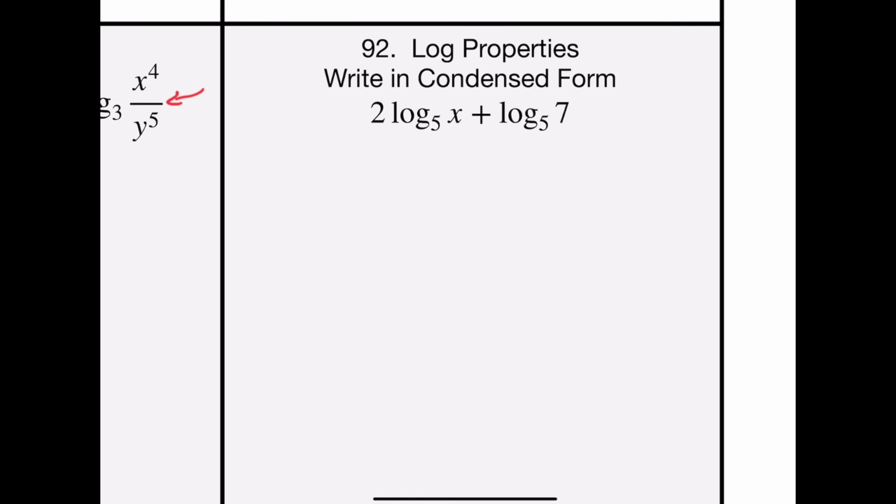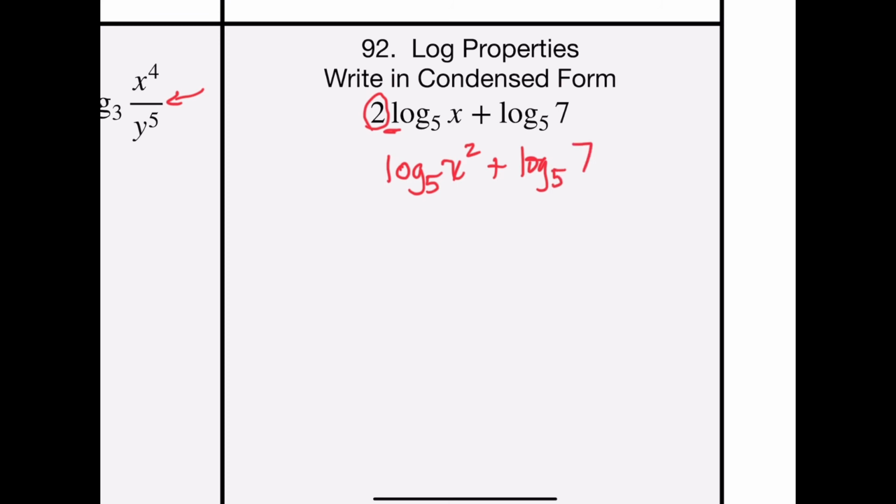Problem number 92 is again log properties. This time it says to write in condensed form 2 log base 5 of x plus log base 5 of 7. So I have two things happening in this problem. I have a 2 out front, and since this is multiplication, it's going to indicate that the x is being squared. So I would have log base 5 of x squared plus log base 5 of 7.